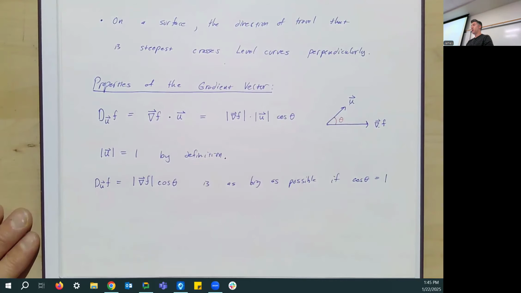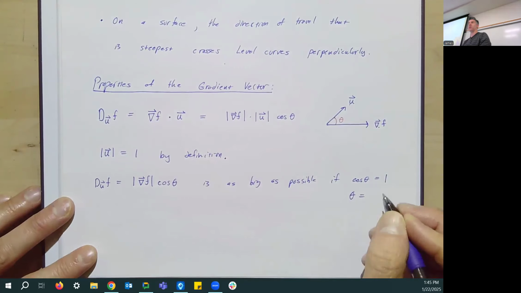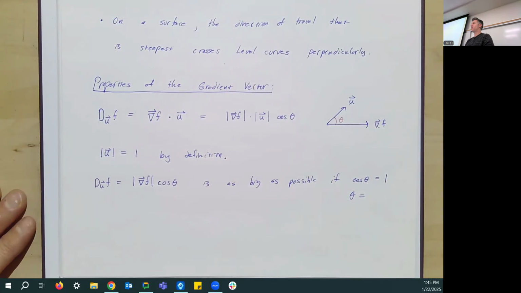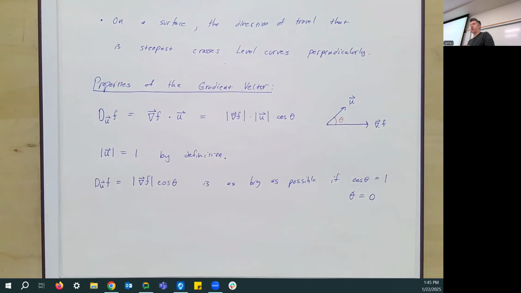Or in other words, if the angle between the two vectors is equal to, cosine of what angle equals 1? Yeah. But that means the vectors point in the same direction.